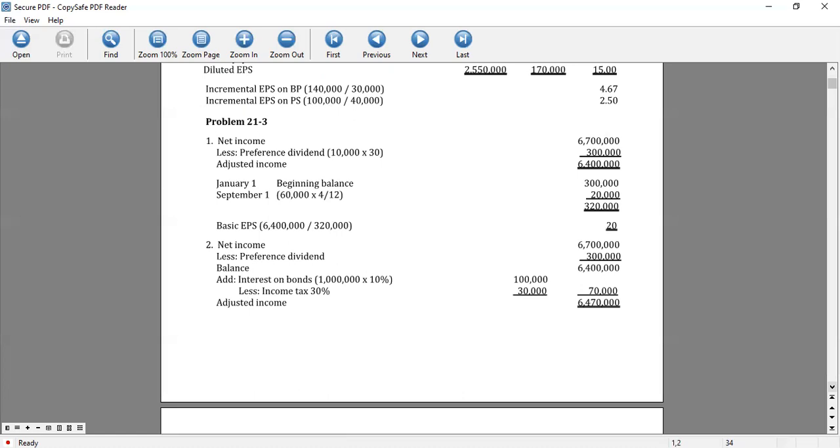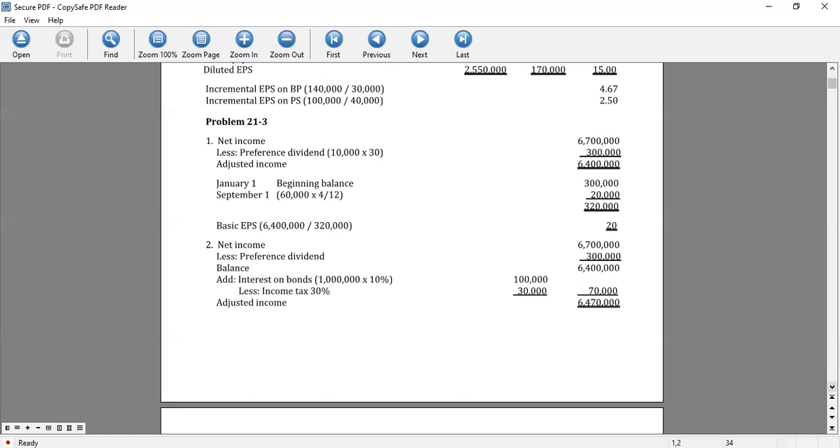Then requirement number 2, you compute for diluted earnings per share. So net income as computed above. We now deduct the preference dividend equal to 300,000, for a balance of 6,400,000. Then we add the interest on bonds equal to 1 million times 10%. Now the face value of the bonds is 1 million, and we have the interest rate of 10%.